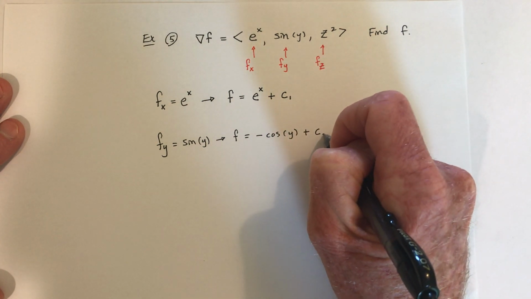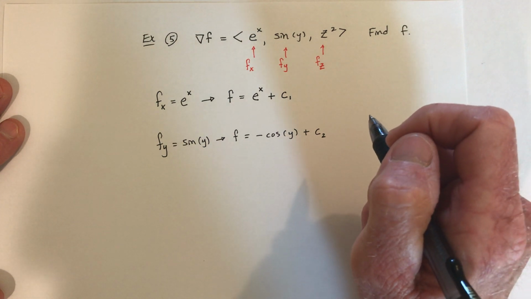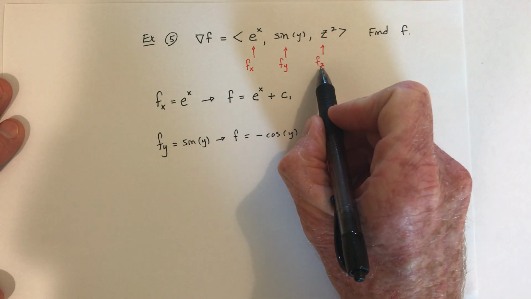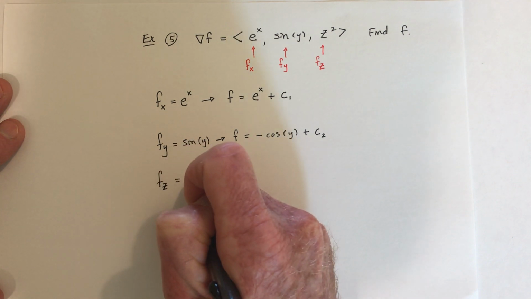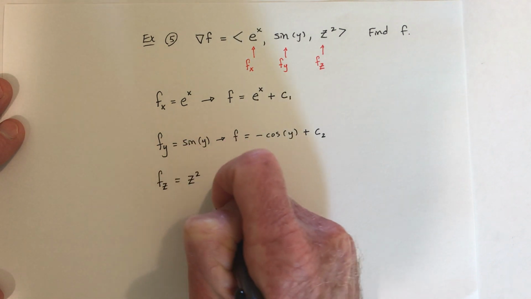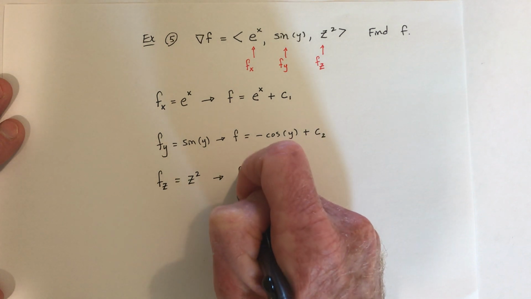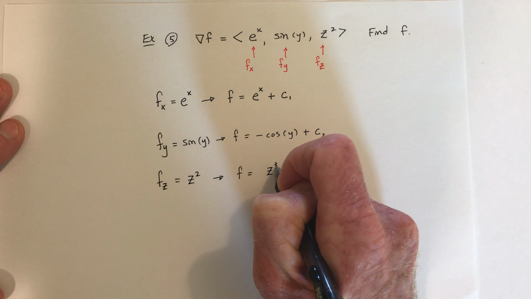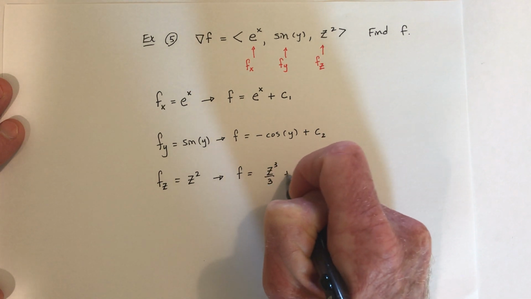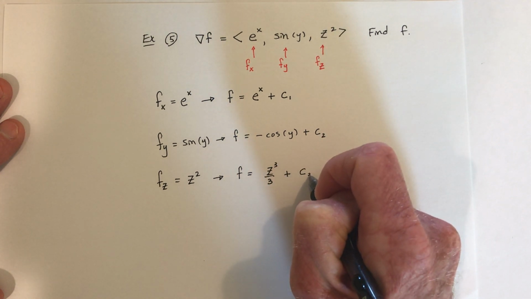That could be c number 1, and this could be c number 2. And then it's this guy's turn. The derivative with respect to z was z squared. Then find the antiderivative. So the antiderivative of z squared will be z cubed over 3, and then plus a constant.